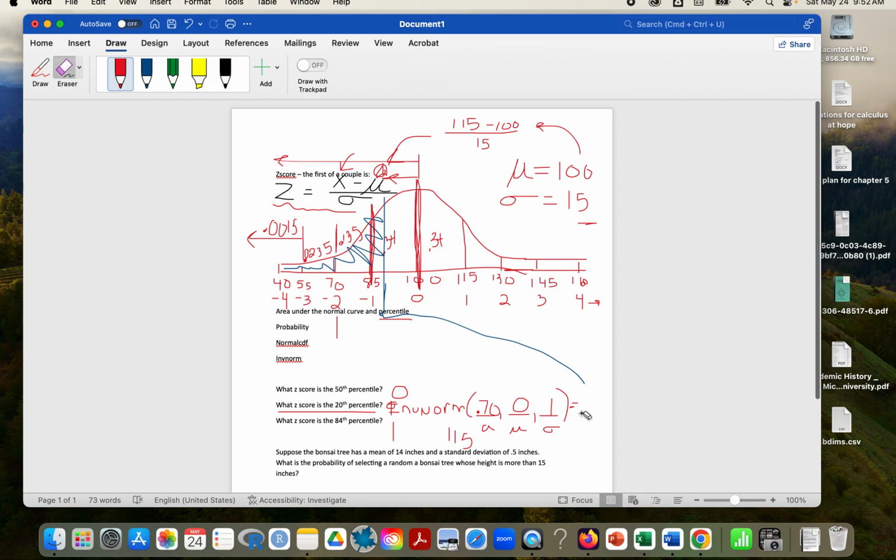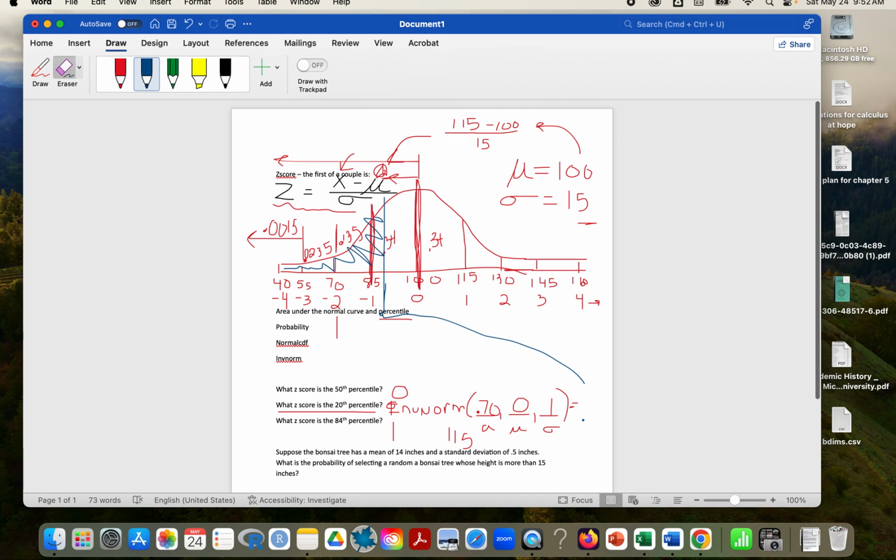And I know that it's going to be positive because this value is larger than a half. So the 70th percentile should be somewhere in this vicinity where my little arrow thing is pointing to. So let's type in the 0.70 into our INV norm. So second vars INV norm.